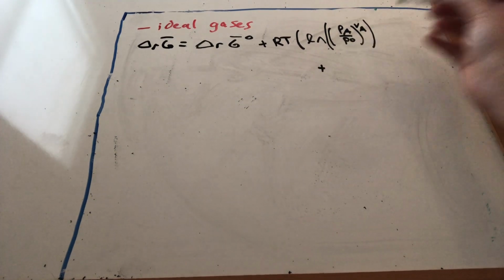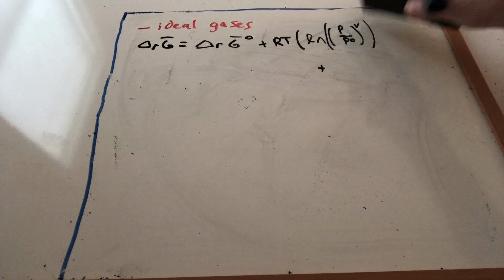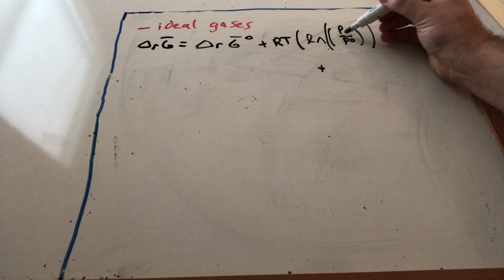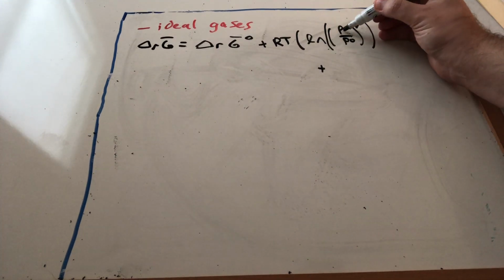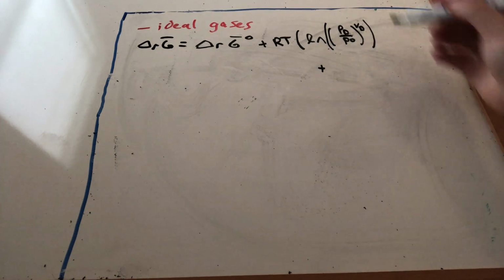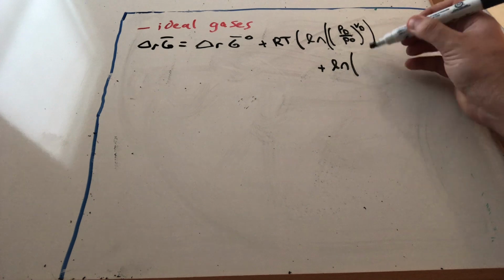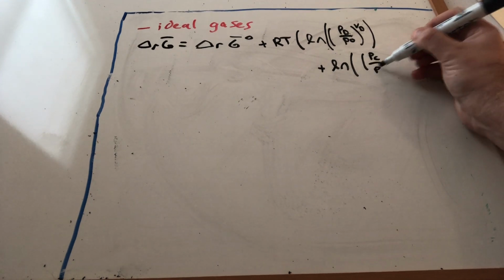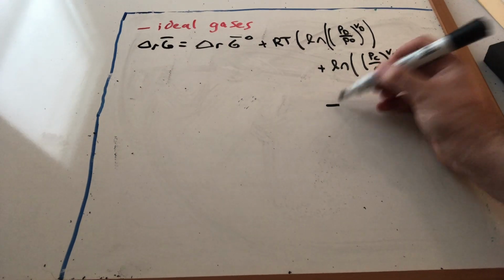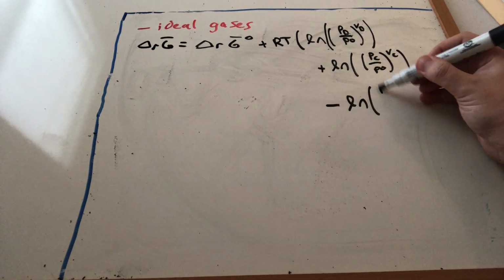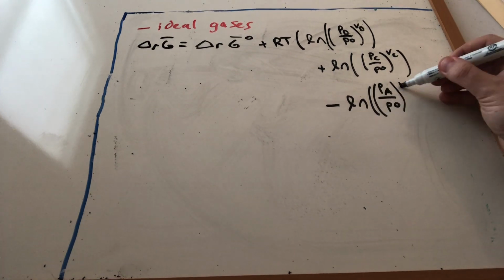We're going to have plus, man, I keep messing up subscripts. I'm glad I'm catching myself, but sorry for this. Let's do the products first. So we're going to have the natural log of PD over P naught raised to the VD. Plus the natural log of PC over P naught raised to the VC. All right. Minus the natural log of PA over P naught raised to the VA.